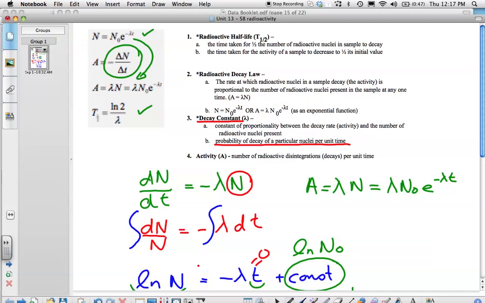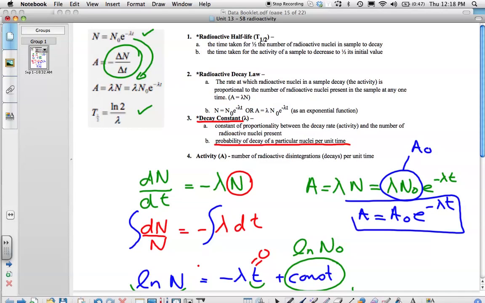I can add something on here, because this over here is actually equal to your activity at 0, because that would be the activity when you start off, when all the nuclei haven't decayed. So I could also write that as A0 e to the minus lambda t. The data booklet writes it like this: lambda N0 e to the minus lambda t.